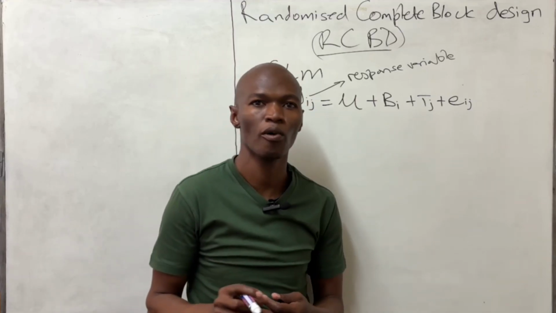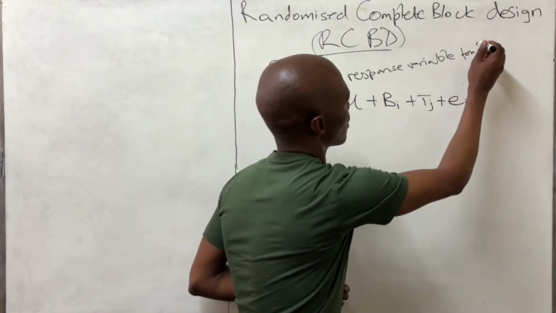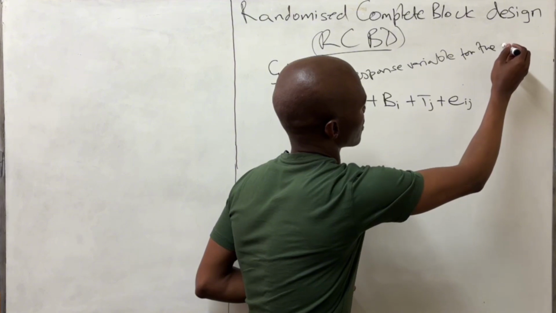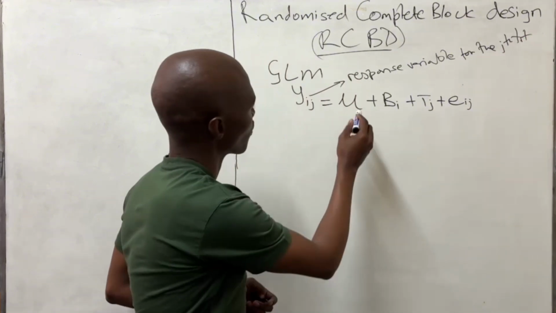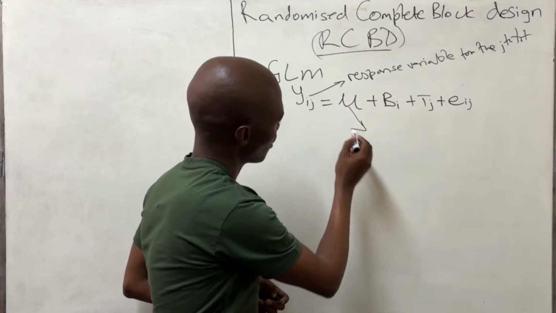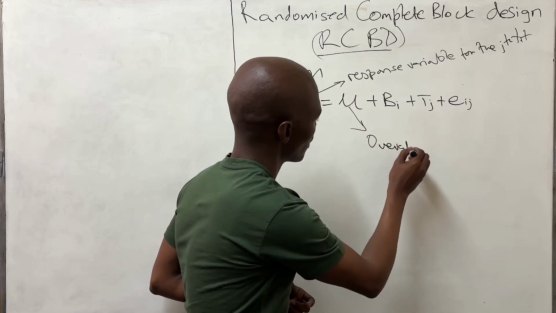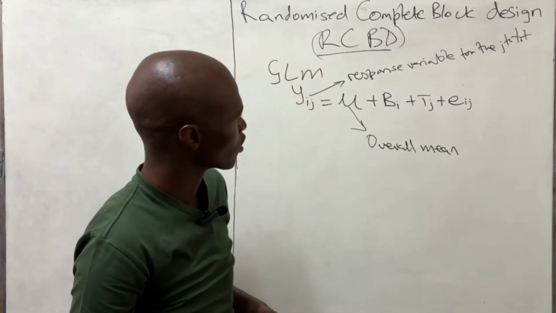So we call it a response variable for the jth treatment. Now we also have mu. This is nothing but our overall mean.